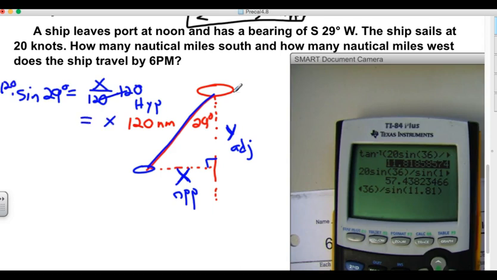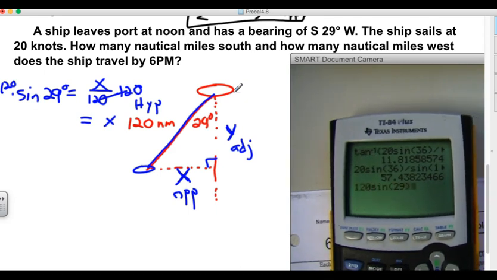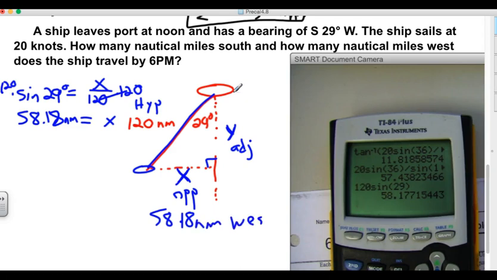So x is going to equal 120 times the sine of 29, which is 58.18, and that is nautical miles. So it's 58.18 nautical miles west.